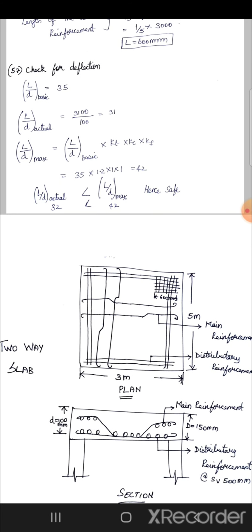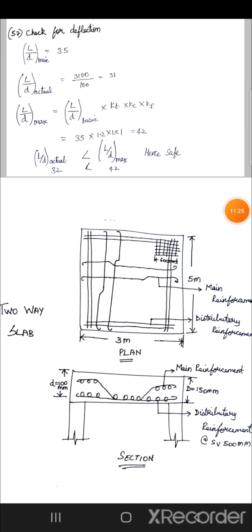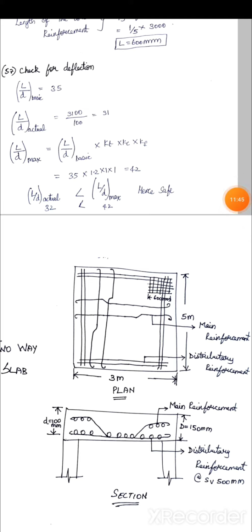Next step is check for deflection. L by d basic is equal to 35. L by d actual is 3100 by 100. 3100 is effective span and effective depth is 100. We get 31 as answer. L by d maximum formula is L by d basic into Kt into Kc into Kf. Kt, Kc, Kf are provided in the table, IS 456 page number 38, figure 4.